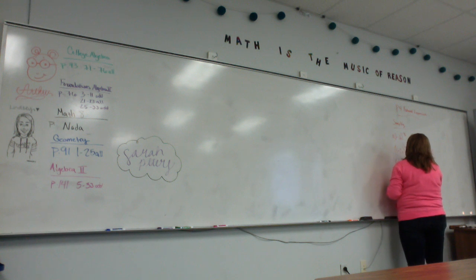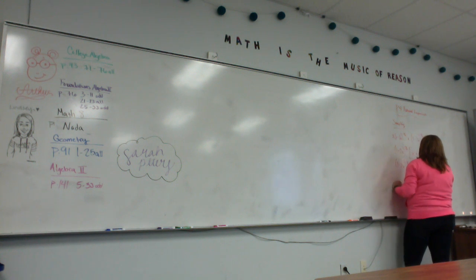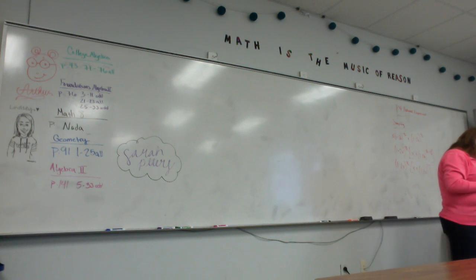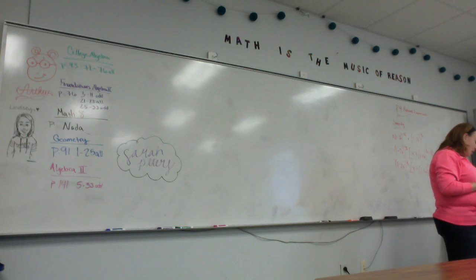When I add those exponents, what do you end up getting? I end up getting 1, because negative 1/2 and 3/2 is 2 over 2, which gives me 1. What is anything to the first power? Itself.